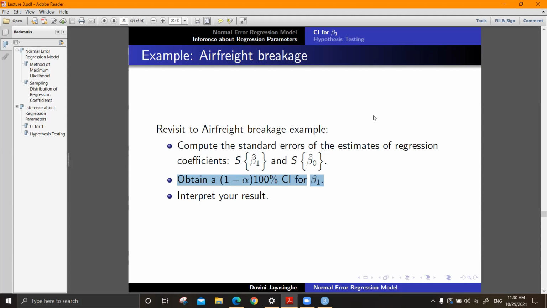You have to make use of the computed value, this one, right? So you know that the pivotal quantity, beta 1 hat minus beta 1 divided by this, is going to be t distributed. So you have to make use of that as well.